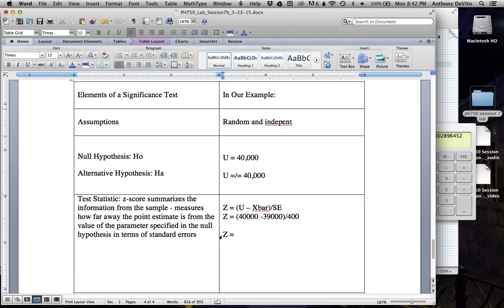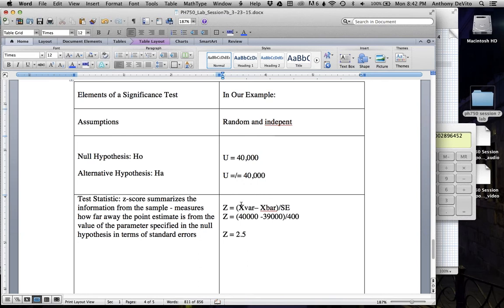Z is equal to 1,000 over 400, which is 2.5. Okay? So if I looked up... Yes. When you took a z-score, you said mu minus x bar, but I thought the formula was x minus mu. It doesn't matter. Okay, well, let's see what happens if I use x minus mu.